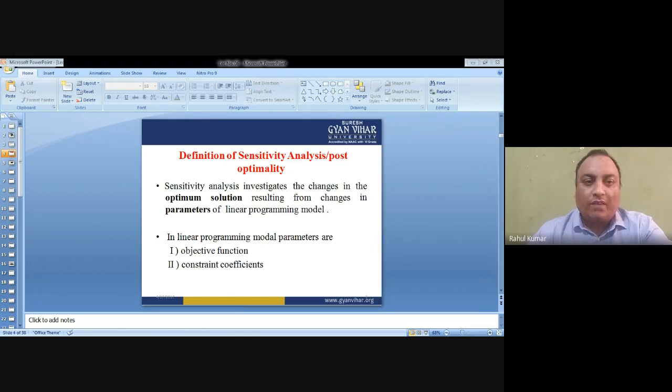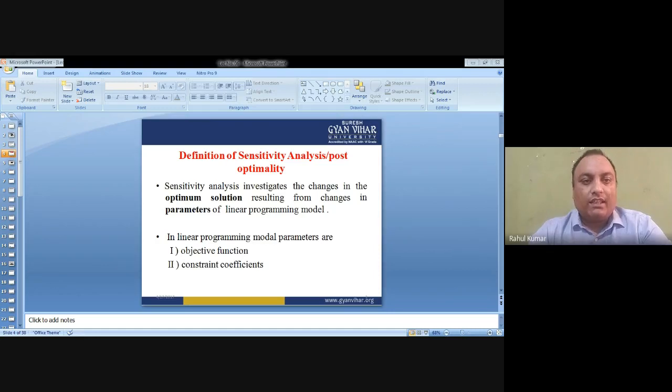When you want to change the objective function, it turns out that there are two cases to consider.